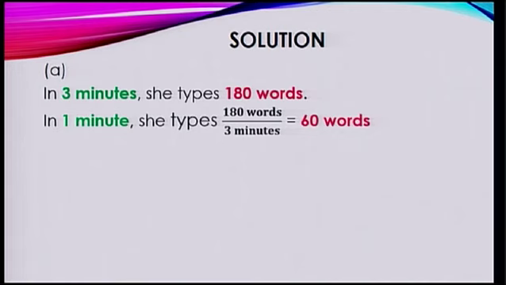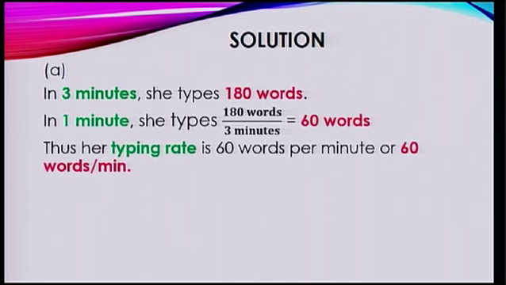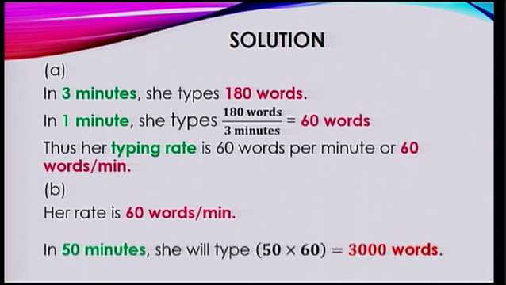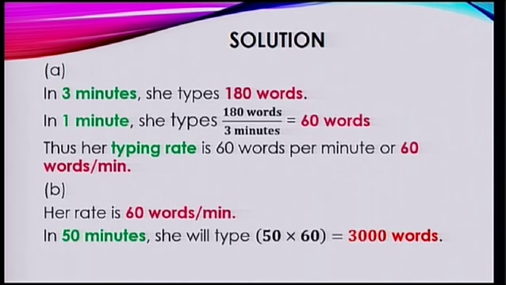So it will be 180 divided by 3, which will be 60 words. Therefore, we can say that her typing rate is 60 words per minute. But B, now we know that the rate is 60 words per minute, right? We want to know in 50 minutes. What do we do? Simple maths. That will be 50 times 60, which is 3,000 words.